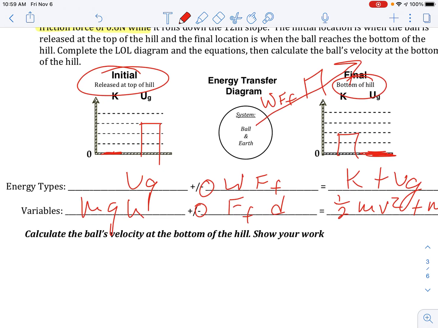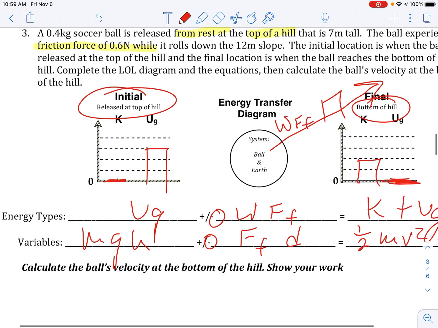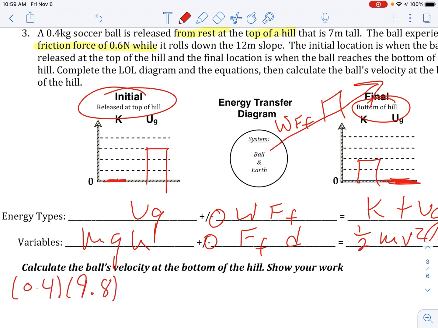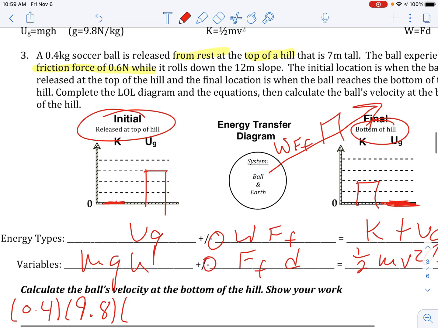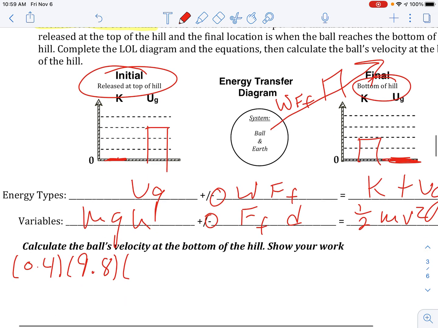All right, we know the mass of the soccer ball is 0.4, so 0.4 kilograms times gravitational field on Earth, 9.8 newtons per kilogram. And the height of the first hill, it starts at a hill that's 7 meters tall, so 7 meters.